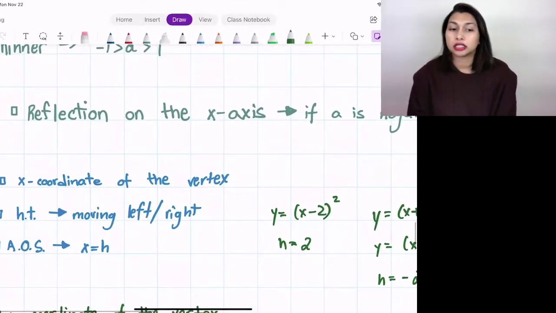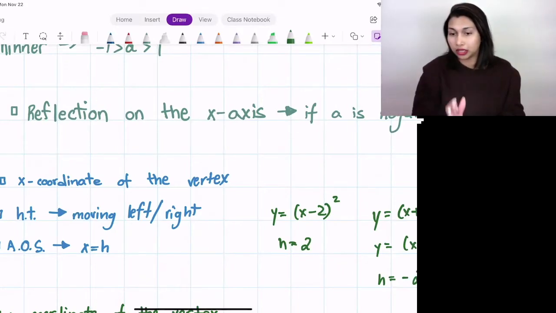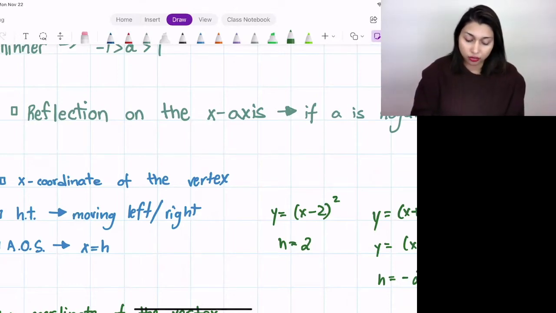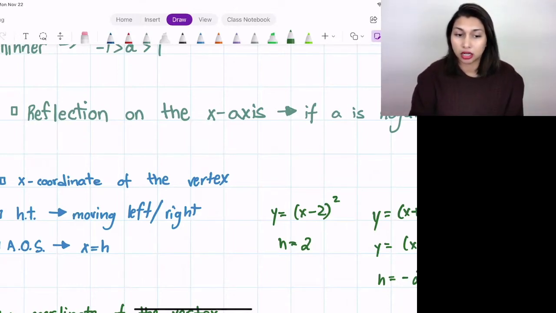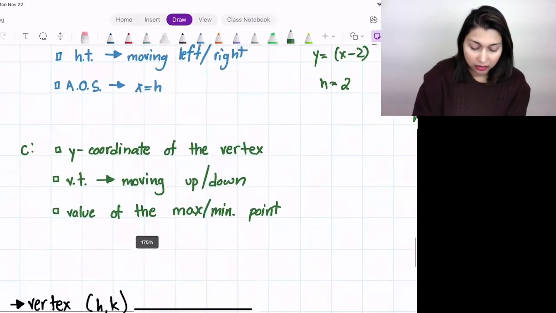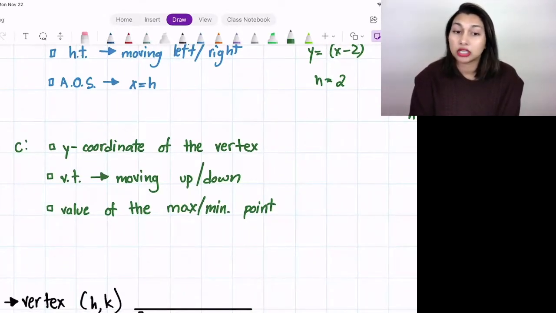It also tells us the axis of symmetry. As you can see, the parabola looks like this, and if we go down the vertex, it will be symmetrical on both ends. The h value gives us that particular line of symmetry, which we call the axis of symmetry, and that is x equals h. And then lastly, we have the k value. The k value tells us the y-coordinate of the vertex.